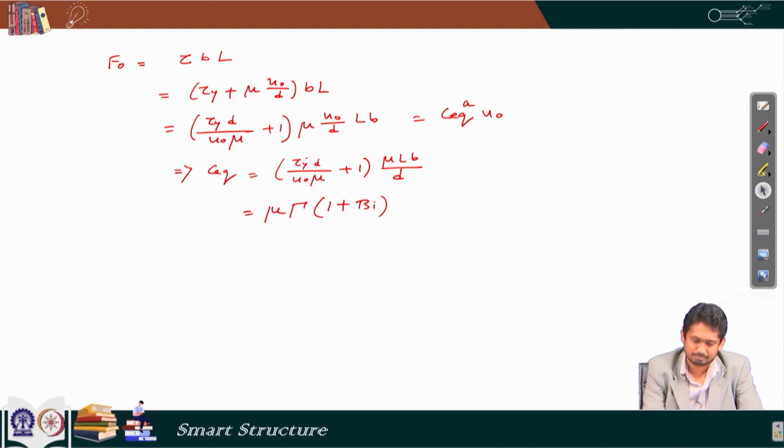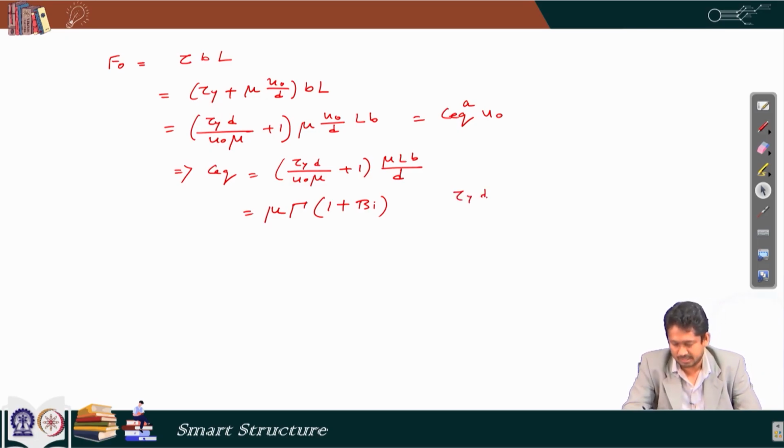Tau y is the yield stress, u 0 by d is the velocity gradient, which is gamma dot, and that multiplied by the viscosity gives me the viscous stress. So, tau y d divided by mu u 0 is our Bingham number.